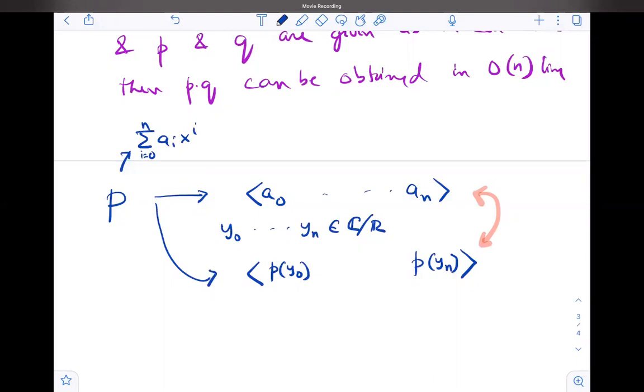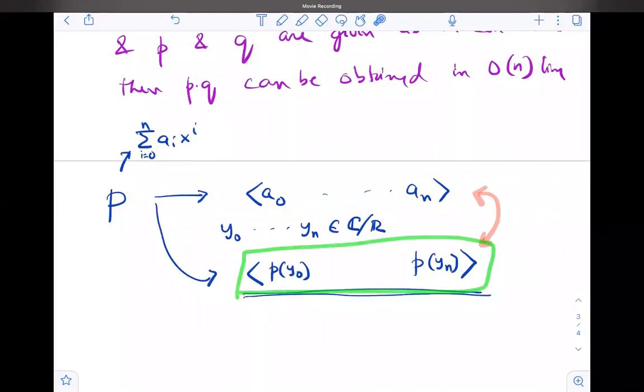Now, the question is how do we quickly move between these two representations? What do we think here? If I am given this representation, how do I get this a0 to an? We can use interpolation, right?